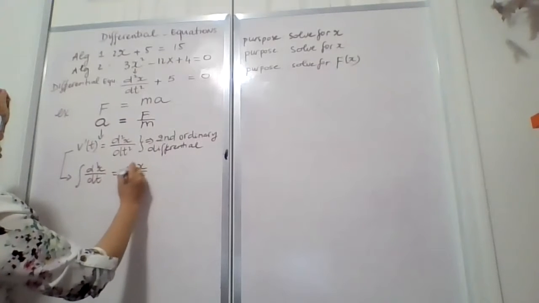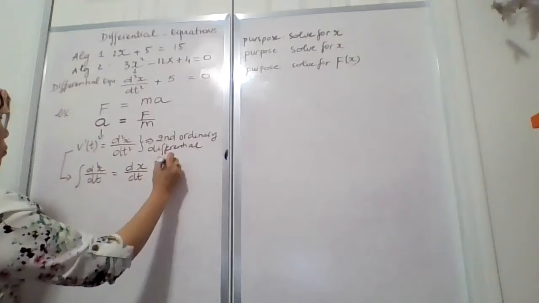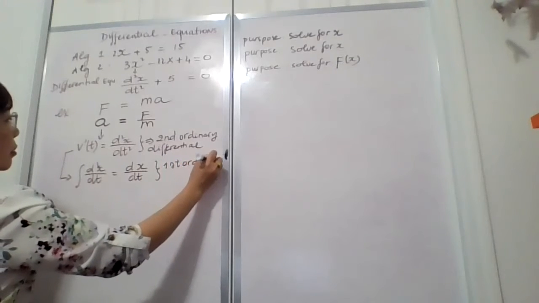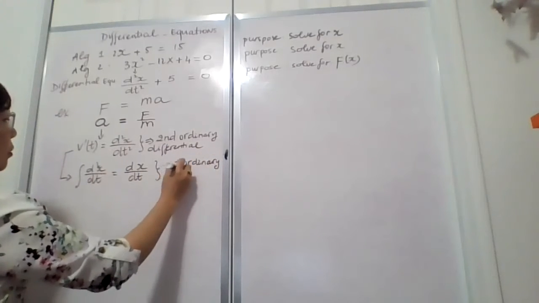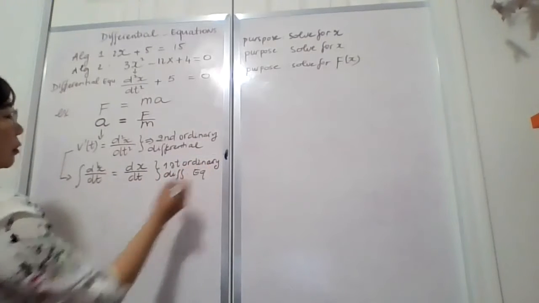We get back to dx over dt. And this first level is the first ordinary differential. I'm going to put it in short-form equation, right?